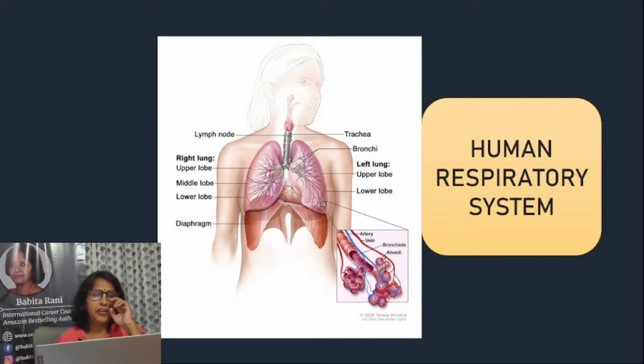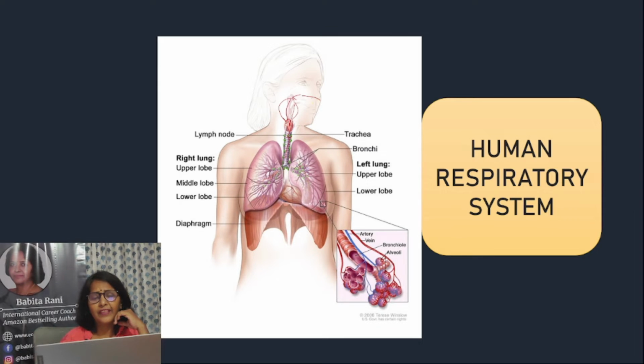Now this is the human respiratory system. If you look at air, let me change the color. Air goes through the nasal chamber, it passes through the pharyngeal part of the body, and then reaches the trachea.